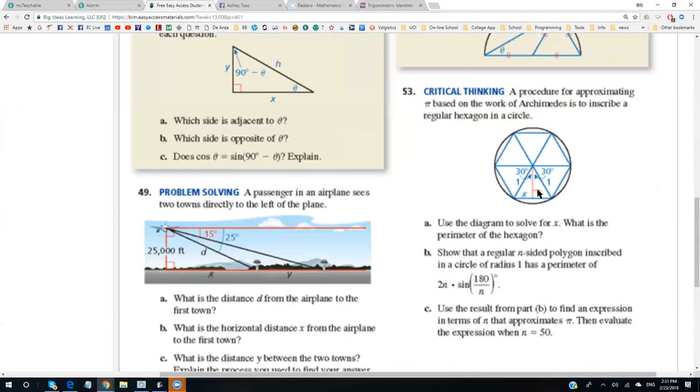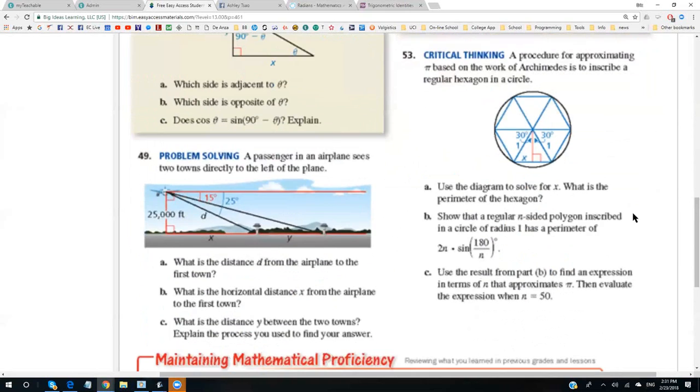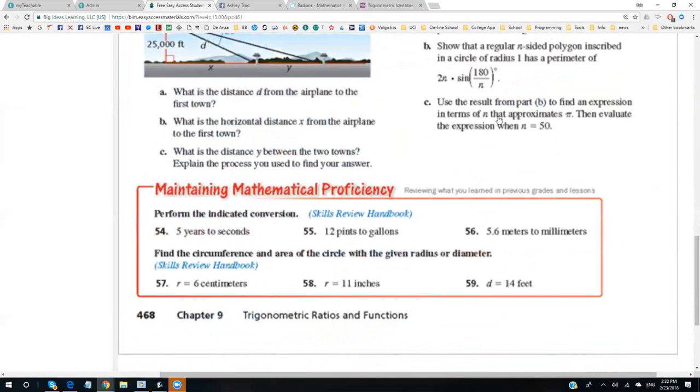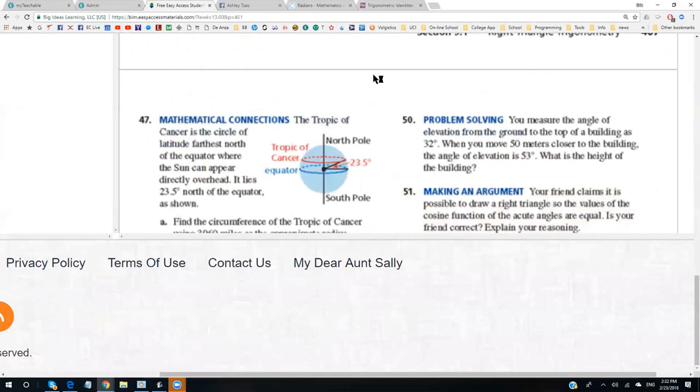So this square root 3 over 2 times 6 is 3 square root 3. That would be the area for a hexagon. So that's something you can quickly apply.